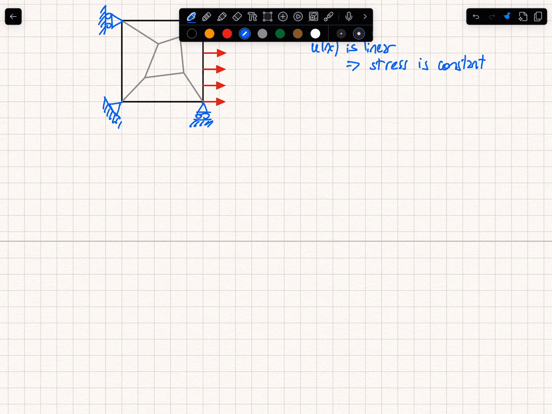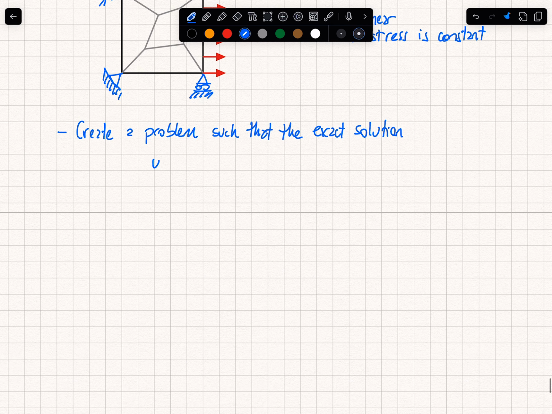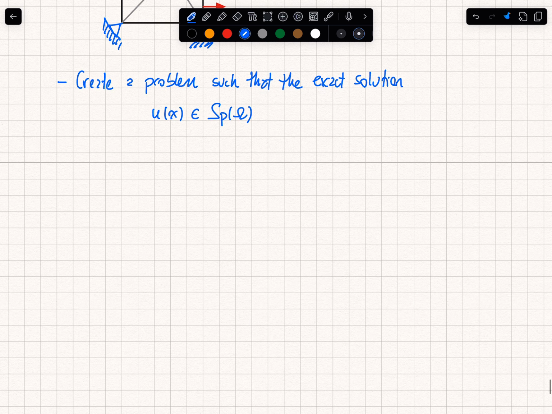So essentially what you do is you create a problem such that the exact solution U of x belongs to some space that you want, like cubic, quartic, quintic polynomial, right?